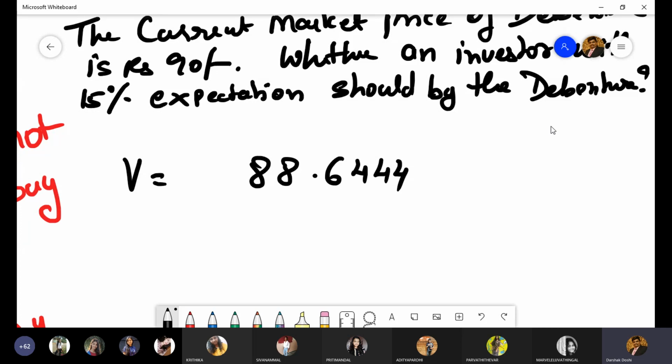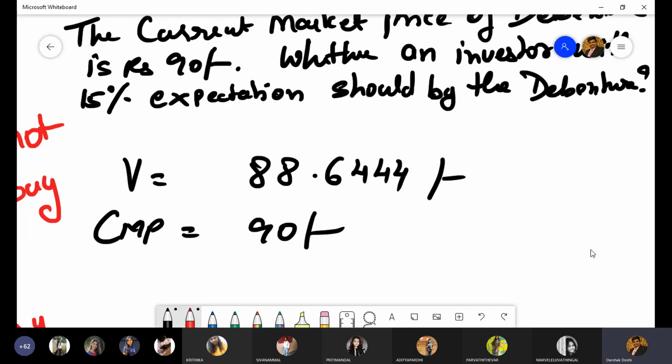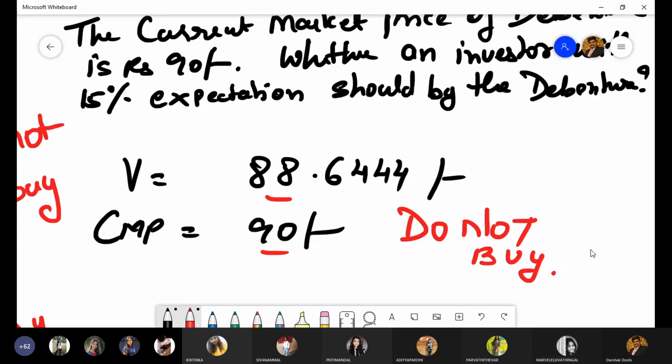Okay. So your bond value is 88.644 and your current market price is 90 rupees. Should you buy or not buy? You are valuing it at 88, but it is available at 90. No, sir, we won't buy. Do not buy. Correct?